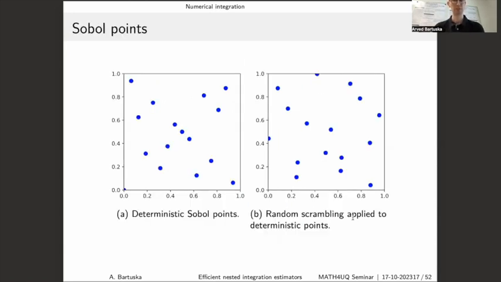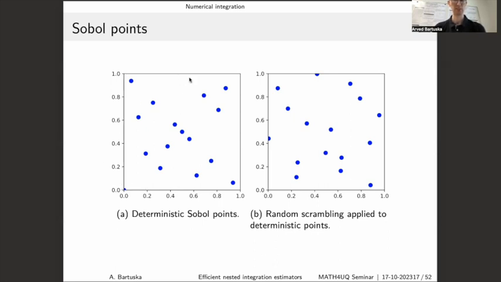Okay, a different point set that we will actually use are Sobol points. The idea here is also to cover the space well. On the left, we have the deterministic Sobol points. It's unfortunately a bit harder to visualize the randomization that is used here. But basically, we have 16 points. The first one is again at the origin.